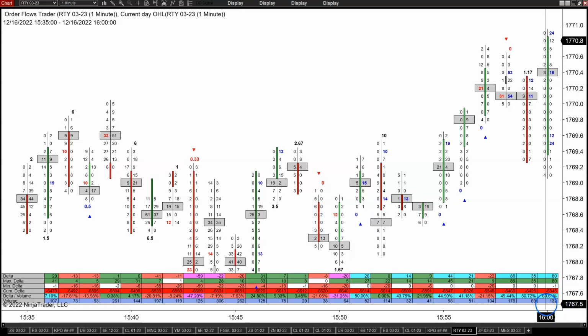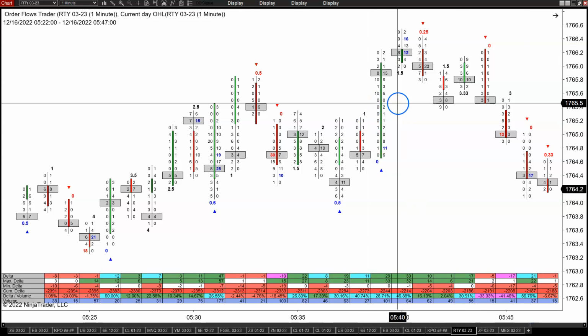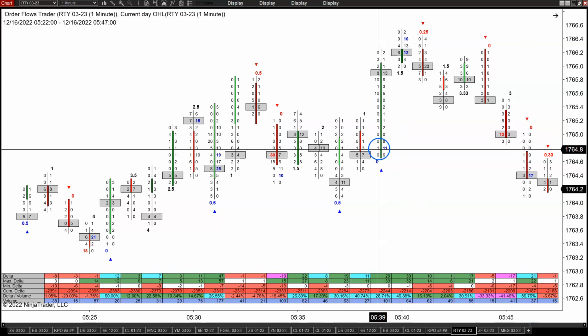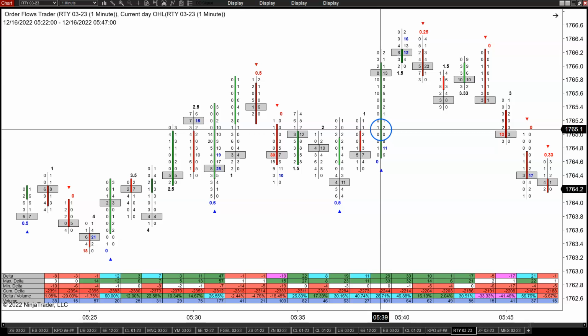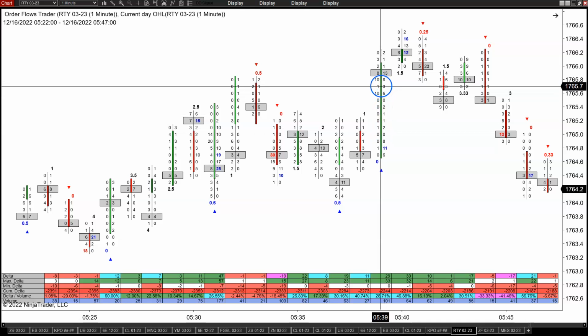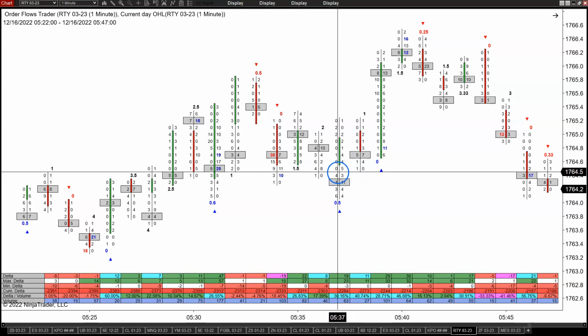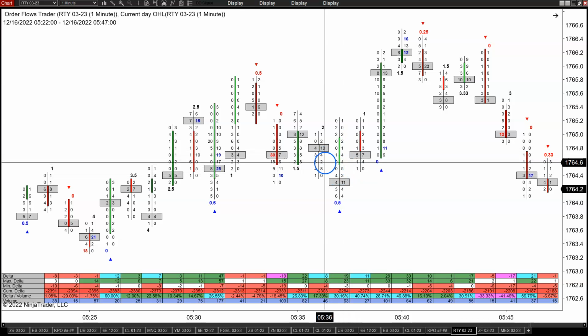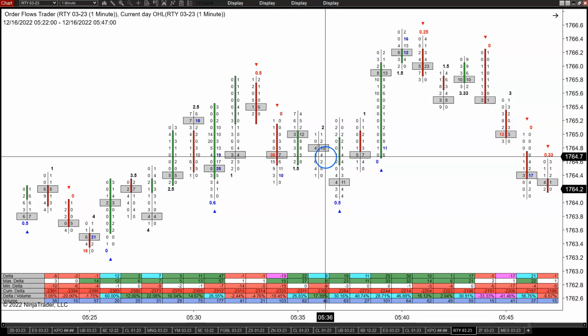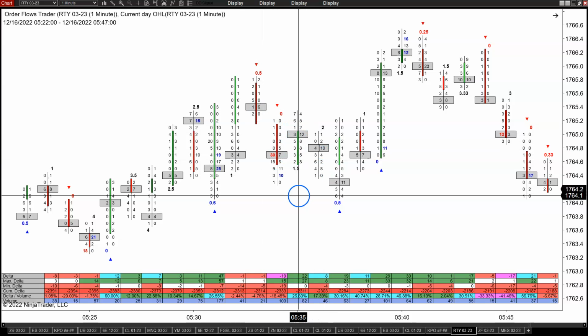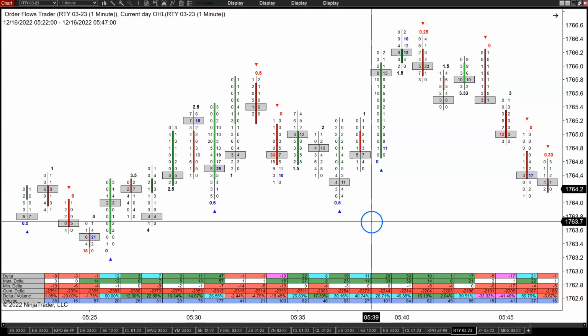Like in here, this is Russell, okay? You can see a lot of zeros in here. So, 1 against 8 is an imbalance. Again, 1 versus 8, etc. 0 against 4, 0 against 4. You get the idea, it's not showing these as imbalances because they don't meet the minimum requirement, right?